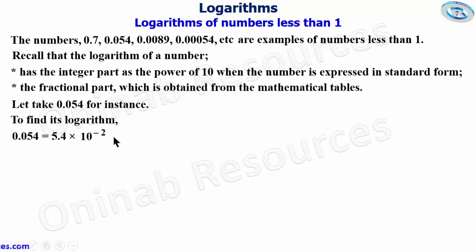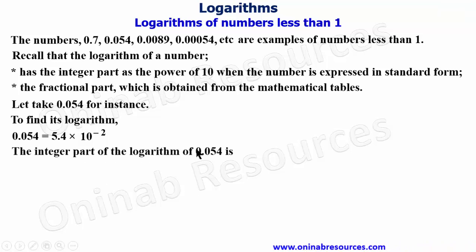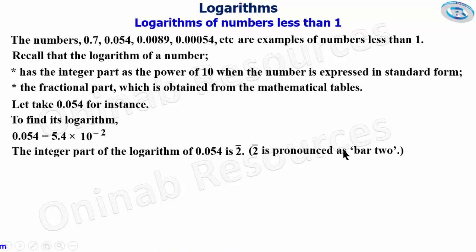We are not going to be writing it as negative 2 because the negative is affecting only the integer part. So we shall write it in bar notation, so that the integer part of the logarithm of 0.054 is bar 2, which is pronounced as bar 2 because the negative is only affecting 2. It is not going to affect the fractional part.